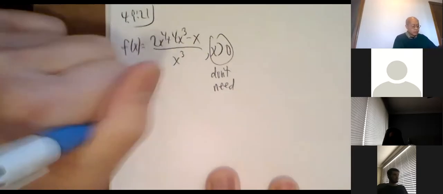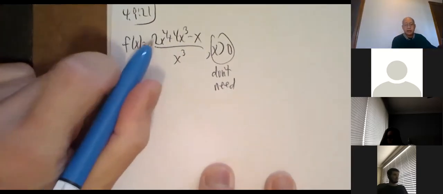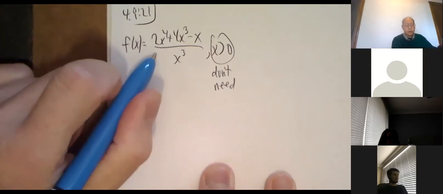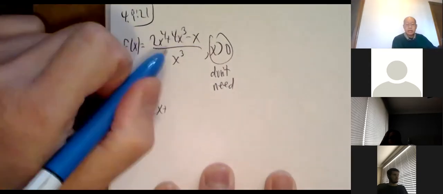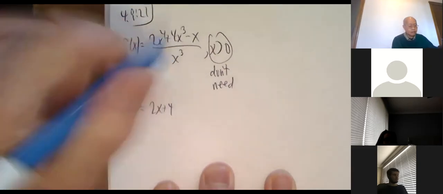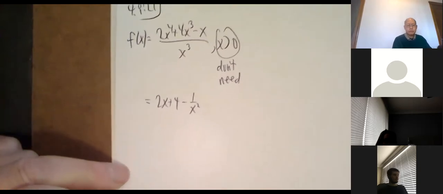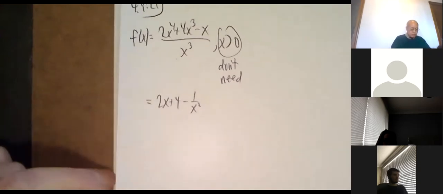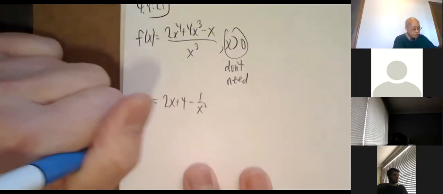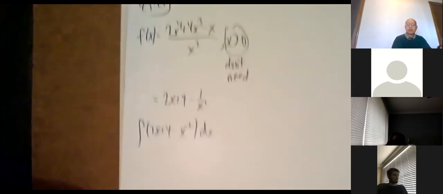There is no quotient rule for integrals, so we just divide it. That divided by that is 2x. That divided by that is just 4. That divided by that is negative 1 over x squared. So I want the integral of 2x plus 4 minus x to the negative 2 dx.